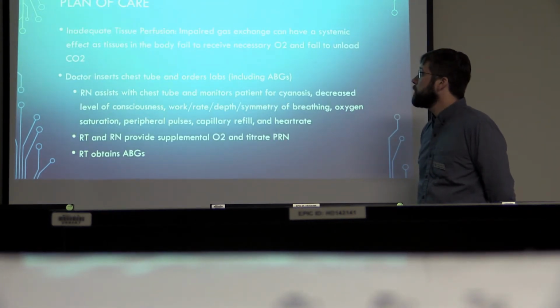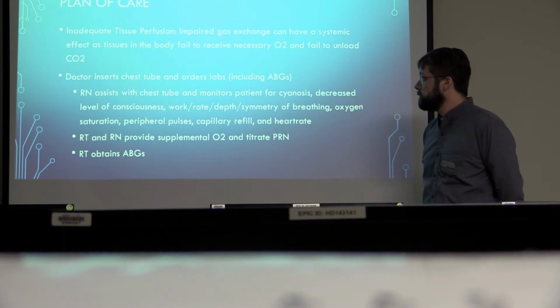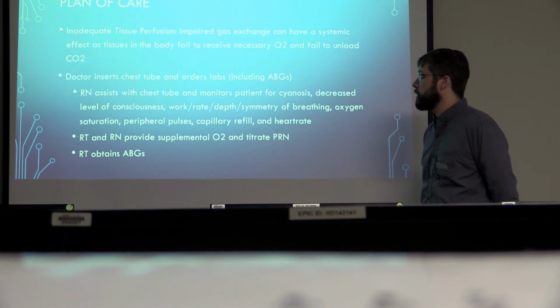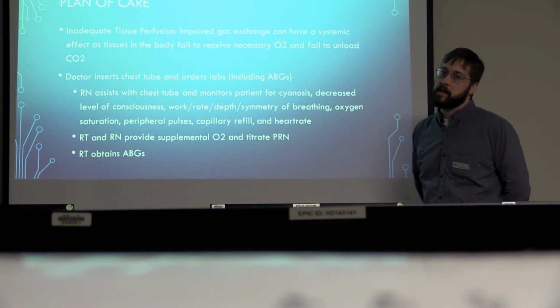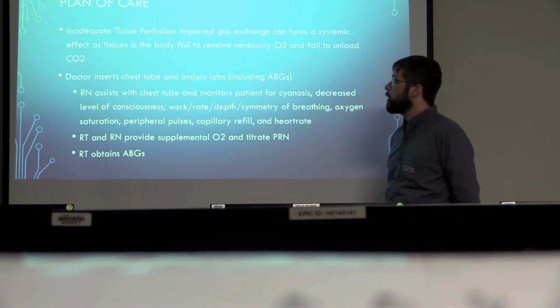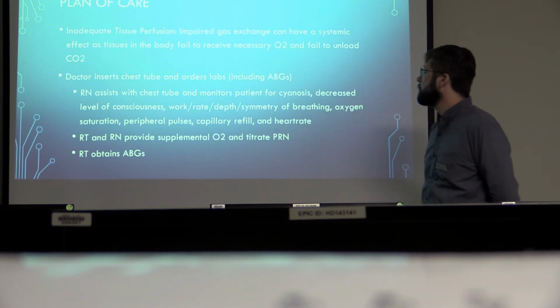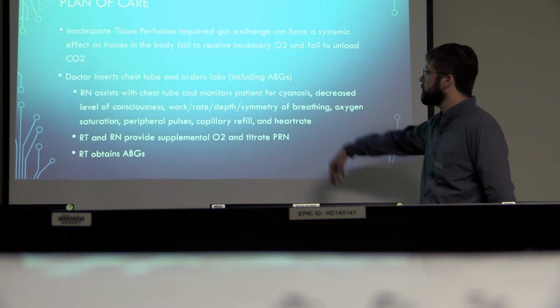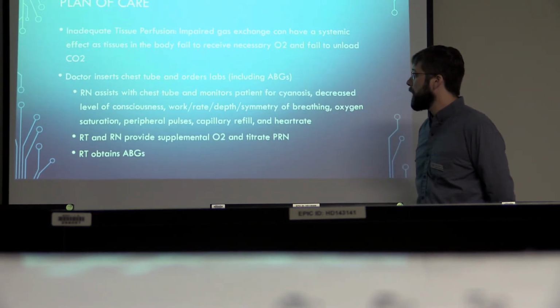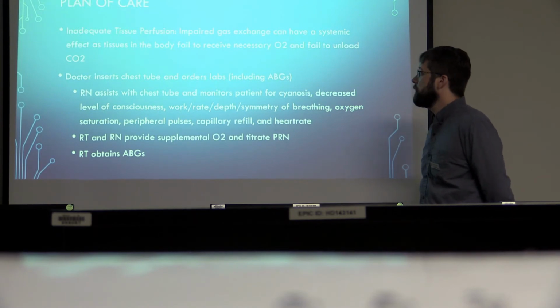Then we've got inadequate tissue perfusion. So obviously if you're not exchanging gases like you should, then you're going to have a systemic effect. The tissues aren't going to be perfused, so you can monitor that. The doctor's going to insert the chest tube and order all the labs, including ABGs.